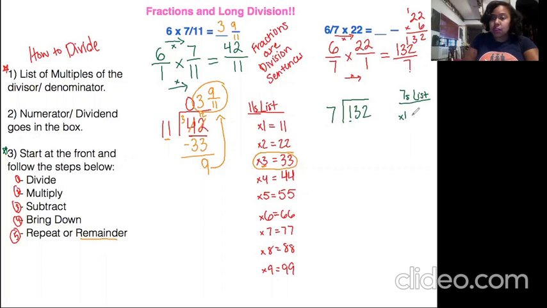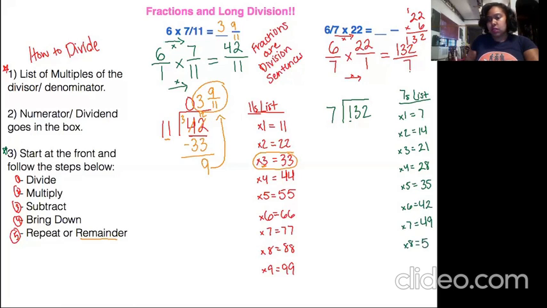But for me, 7 times 1, of course, is 7. 7 times 2 is 14. 7 times 3 is 21. 7 times 4 is 28. 7 times 5 is 35. 7 times 6 is 42. 7 times 7 is 49. That's a square. 7 times 8 is 56. 7 times 9 is 63. Okay, now that I have this list, I can use it to do this division, right?